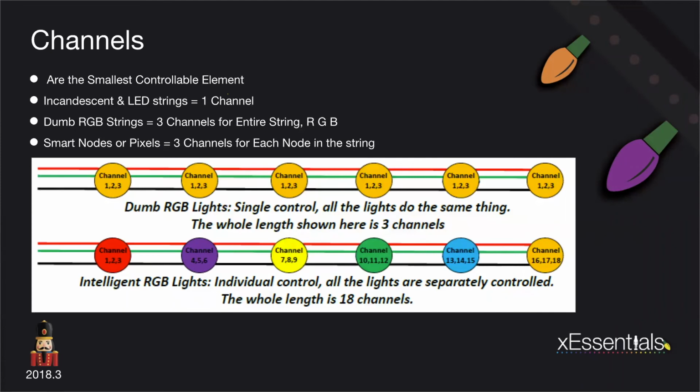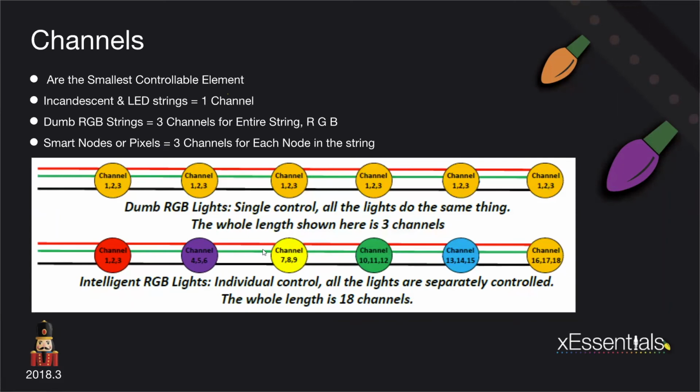That one string represented only one channel. So it's represented in the top picture that you'll see, where every single node in an RGB, because it's the red, green, blue, the entire string is going to be one color. It can vary in different lengths, but once again, it is one specific color. That's the dumb RGB, and that dumb RGB only has 3 channels, once again represented by DMX.